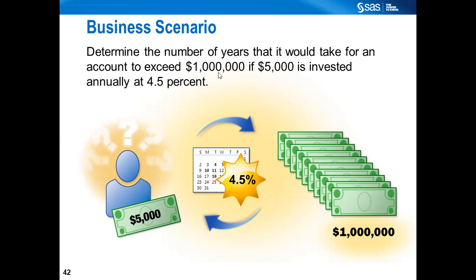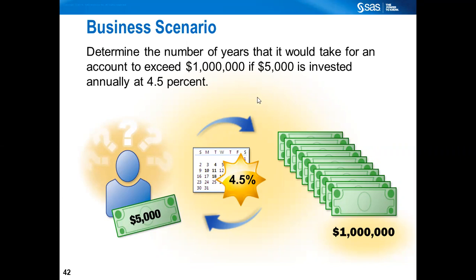So how many years will it take for the particular amount, 5,000 deposited annually, to reach 10 lakhs with an annual rate of interest of 4.5? So this is your scenario.